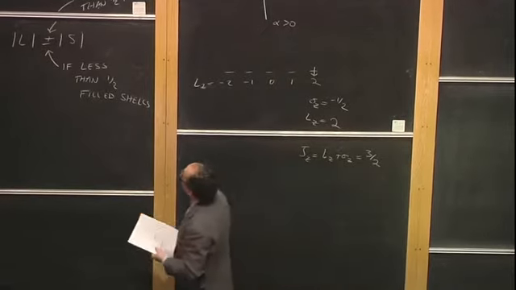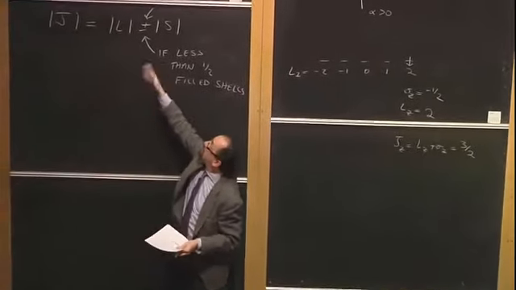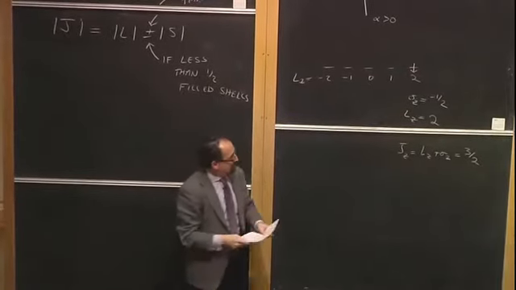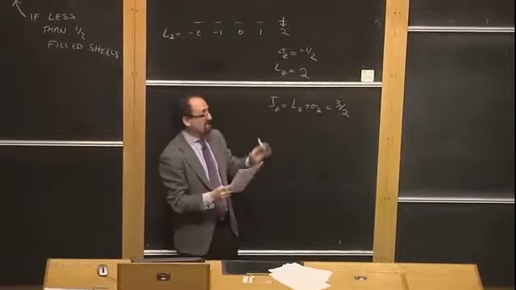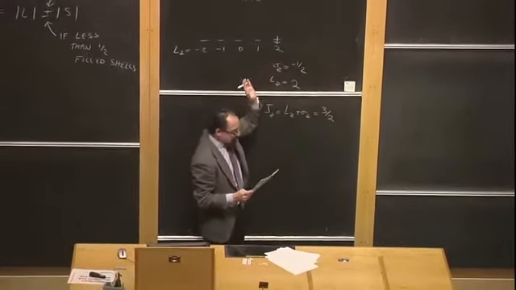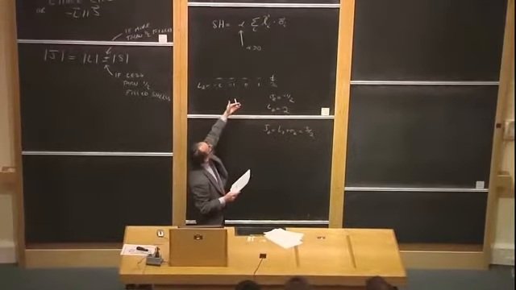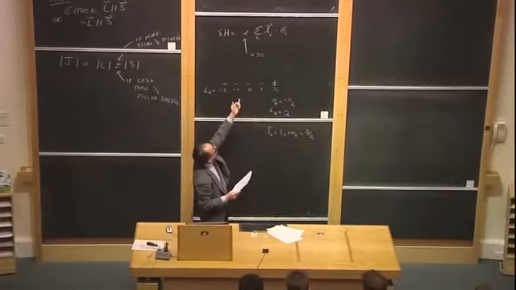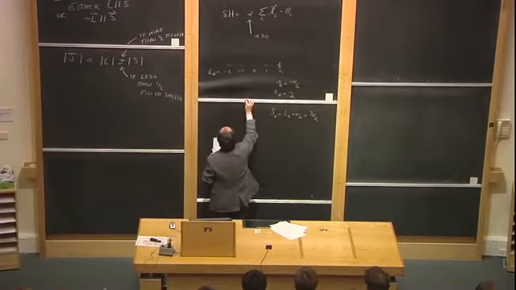And as claimed, it's a less than half filled shell, so J is the difference of 2 and 1/2. Okay? So that works. Basically just telling you that when you have less than half filled shell, the spin and the orbit want to be pointing in the opposite direction, so spin dot orbit is negative. That's easy.